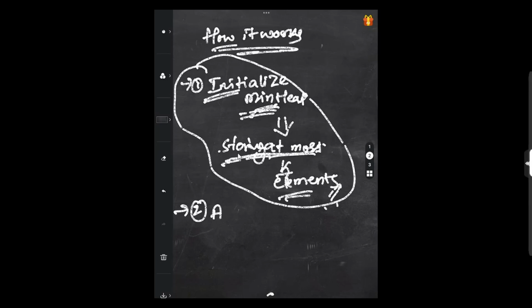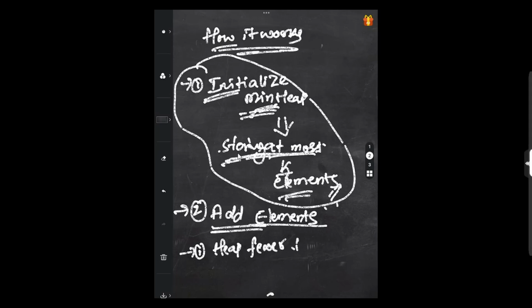Next thing is the add operation, nothing but adding elements. So what does this contain? The first step here is, if the heap contains fewer than k elements, then just add the new element.